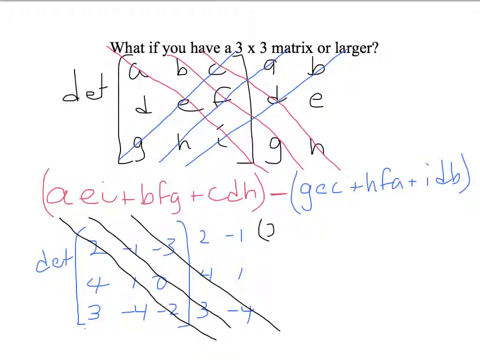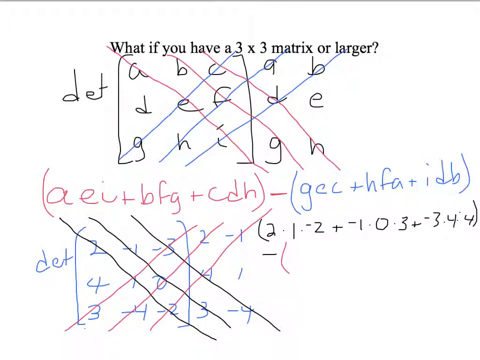I've got 2 times 1 times -2 plus -1 times 0 times 3 plus -3 times 4 times -4, minus, and I'm now going to subtract from that the products of these three diagonals.